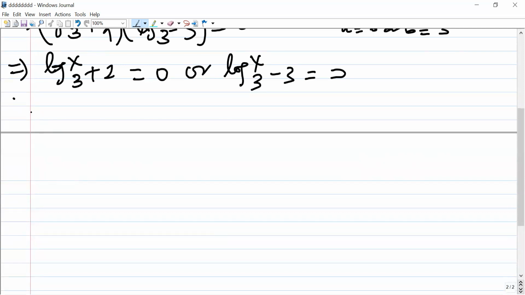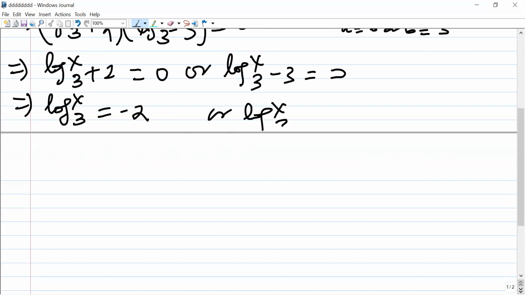By pushing the constants to the opposite side, we find that log x to the base 3 is equal to -2, or log x to the base 3 is equal to +3.